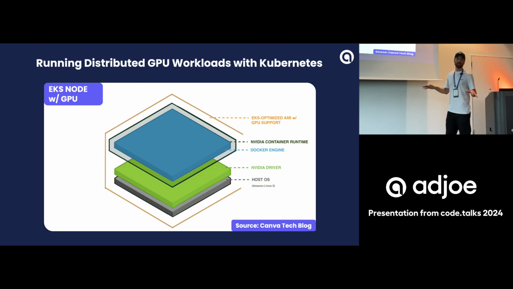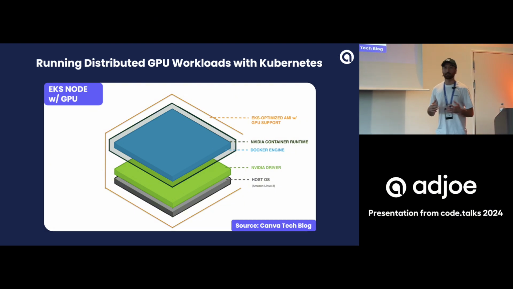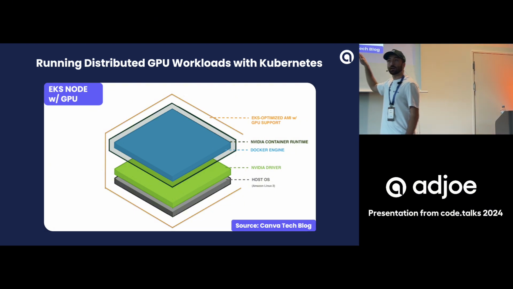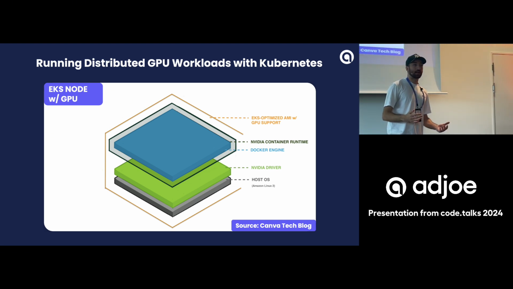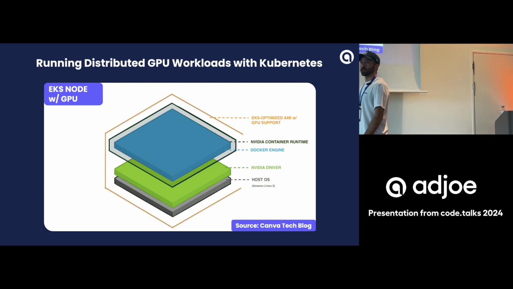By the way, we are mostly using NVIDIA, but you can also use AMD GPUs based on what your data scientists need. But in this session, we will talk about NVIDIA because we are using NVIDIA right now. So you will have the NVIDIA driver there, a container runtime, and the wrapper for the container runtime from NVIDIA. What does this wrapper do? It enables you to connect a physical GPU to a container. And of course, the whole package is an EKS optimized AMI with GPU support.